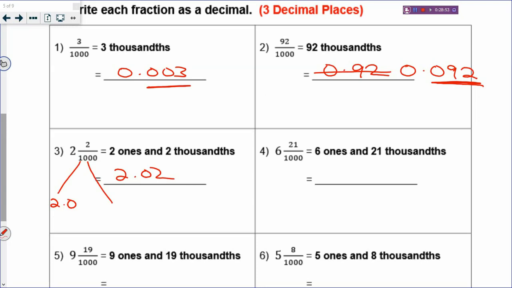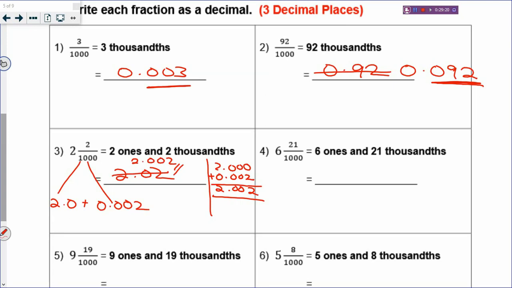That will be 0.002, right? And then if you add them together, you have 2.0 plus 0.002. Put the 0 in the blank spaces, and you get 2.002. It's not 2.02, it's 2.002, and that's your answer.